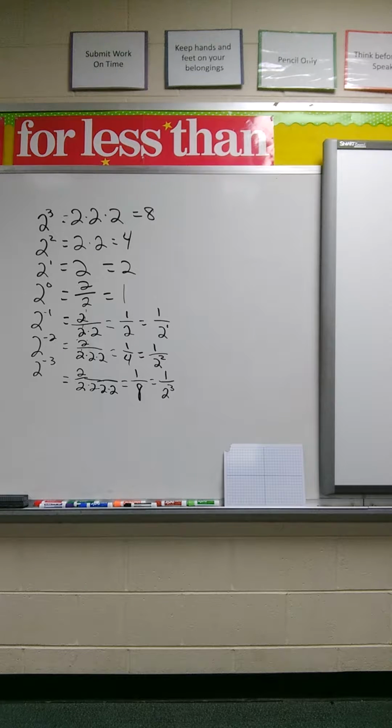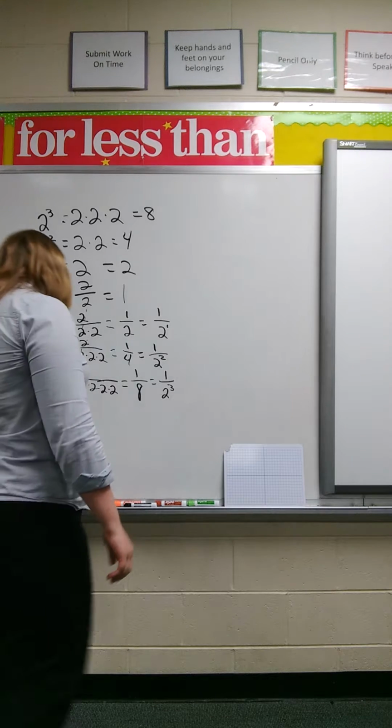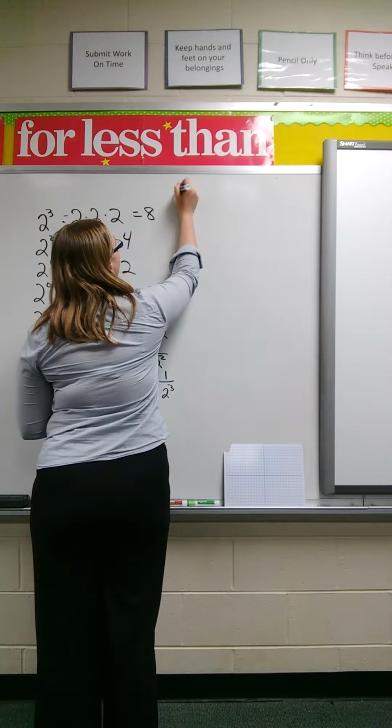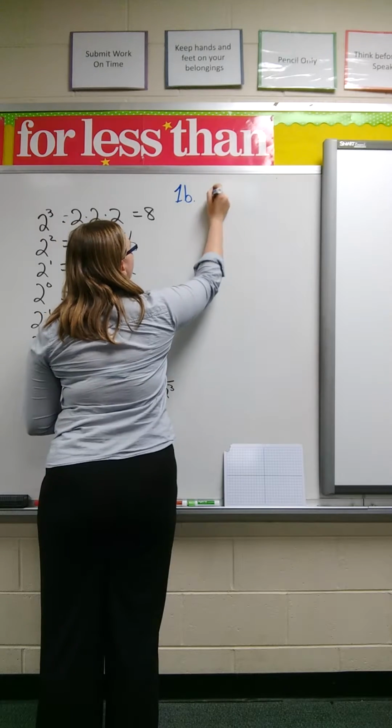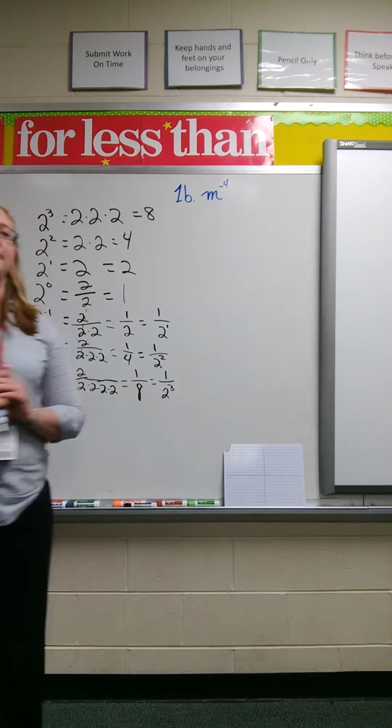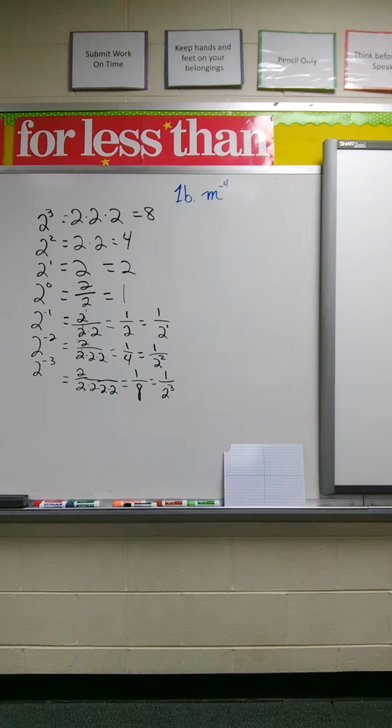On page 142, let's look at example 1b. It says m to the negative 4th power. M to the negative 4th. And it asks us to write this using a positive exponent. So how can I write this, where I have a variable as a base, using a positive exponent?